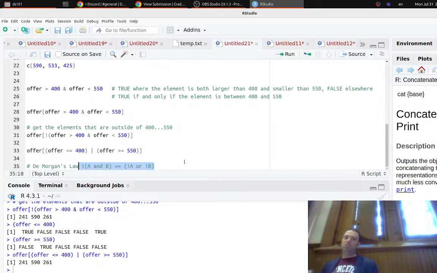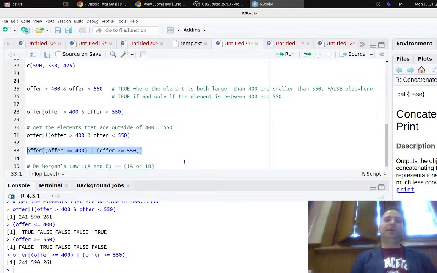So you could say, well, if it's not between 400 and 550, I'll just write it like that, not greater than 400 and smaller than 550. Or you might say, well, if it's outside the range of 400 and 550, how could it be outside of that range? Well, either it's smaller than 400 or it's greater than 550, and that gets you to this.